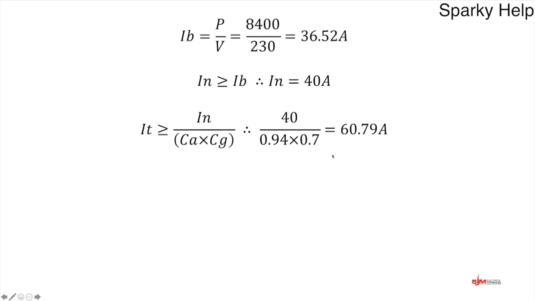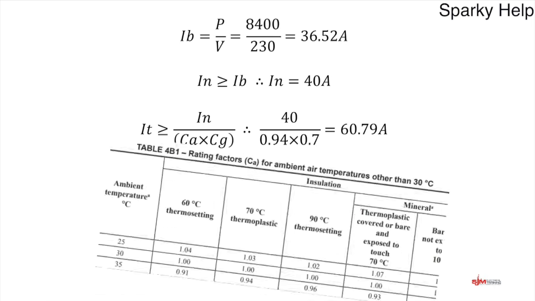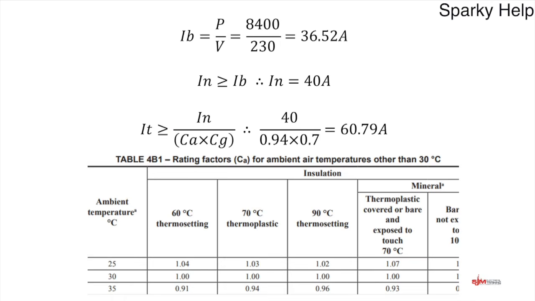So where does the 0.94 and 0.7 come from? It comes from these locations here. These are CA, and for the CA it was 35 degrees, it was a thermoplastic, so that's where our 0.94 comes from. That one's straightforward enough.